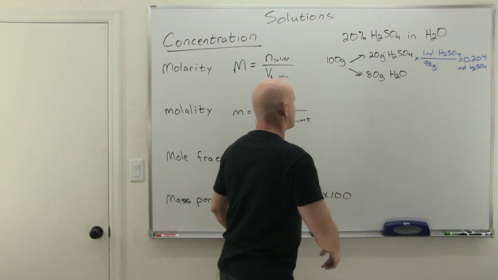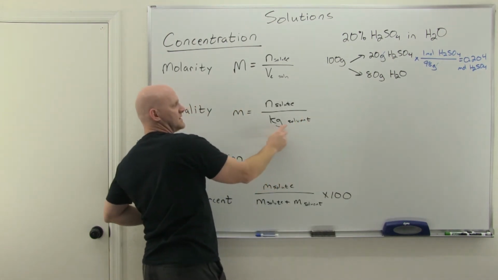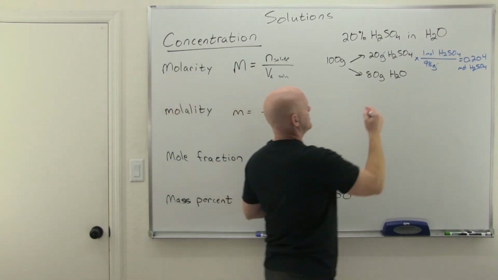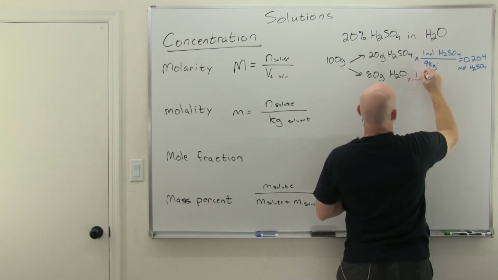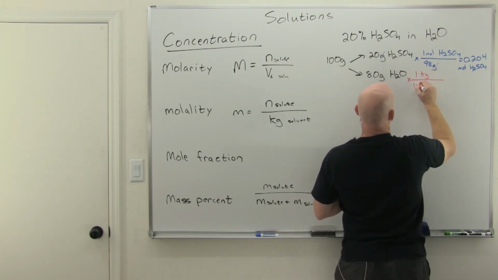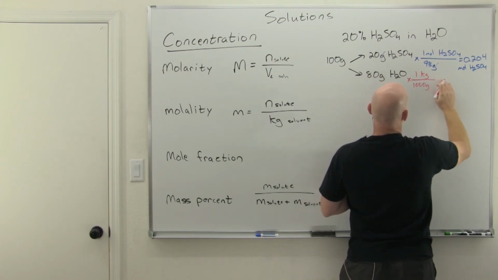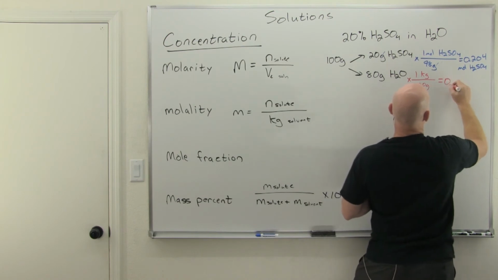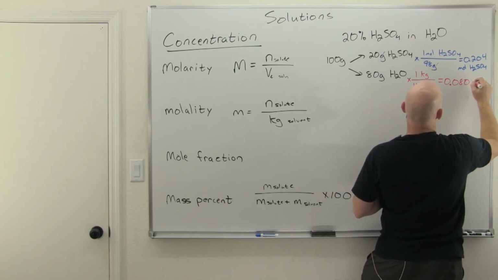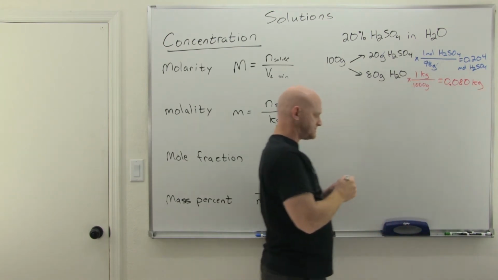And then once again, we're going to turn our 80 grams of water into kilograms of water. In that case, we just divide by 1,000, because 1 kilogram is 1,000 grams of anything. So we're dividing by 1,000, and we get 0.080 kilograms.